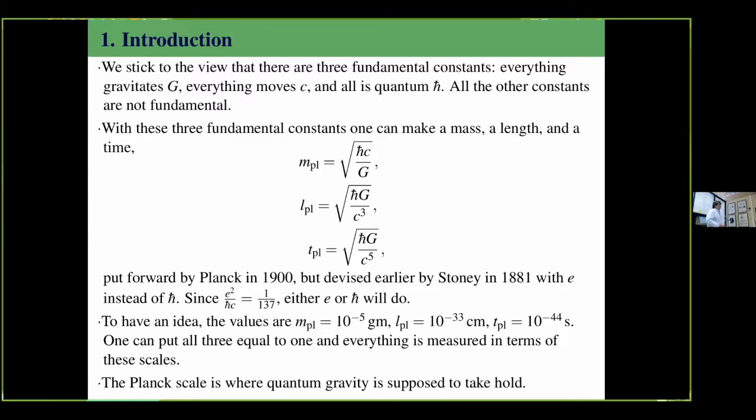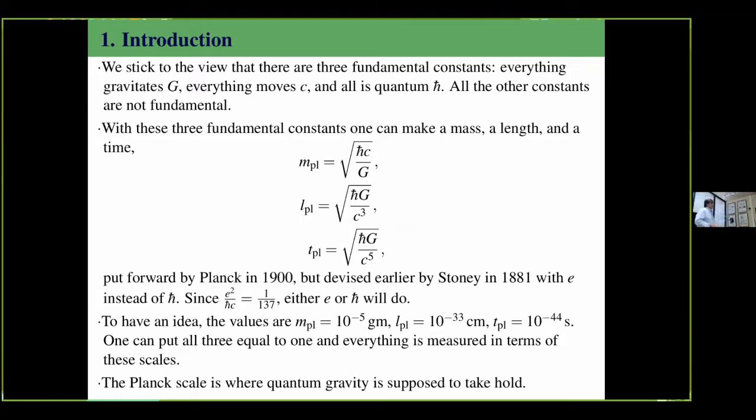They were put forward by Planck in 1900, just after he discovered that h was a fundamental constant. But actually, they were put forward earlier by an Irish physicist, Stoney, in 1881, who gave the name electron to the unit of charge, the carrier of charge.